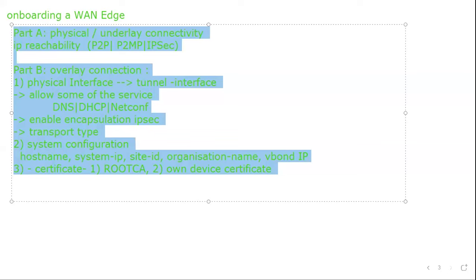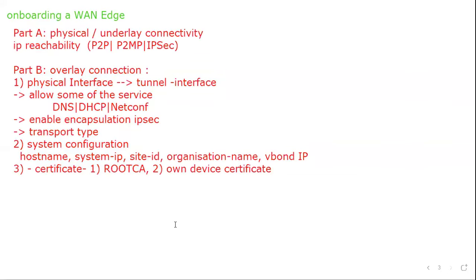Hello, ma'am. Deepam here. Can you explain the hostname, system IP, site ID and organization name once again? My net got disconnected, so I missed those points. Just a one-liner. Hostname is a name.